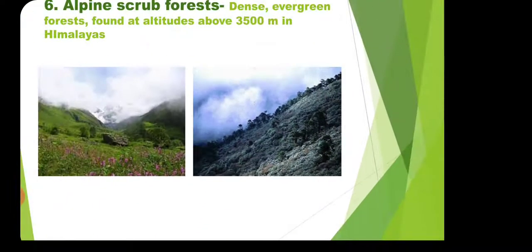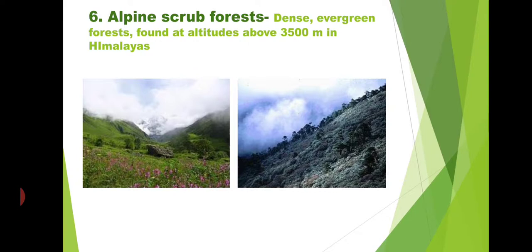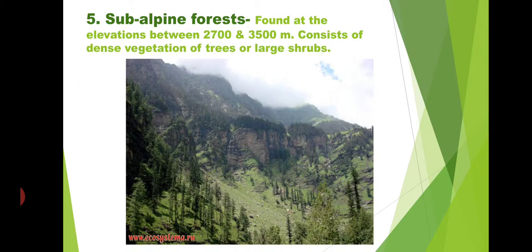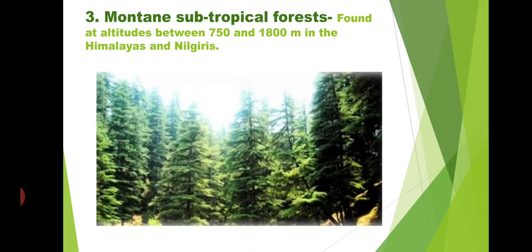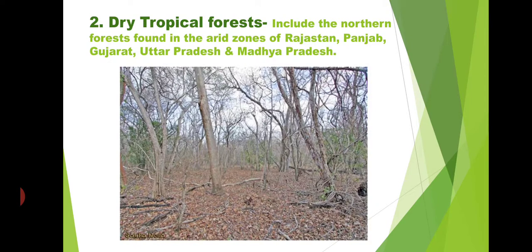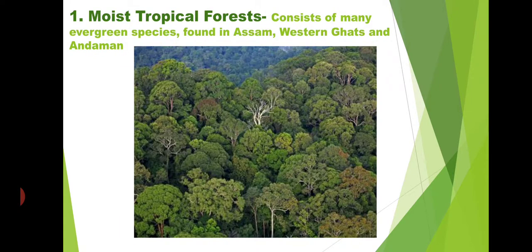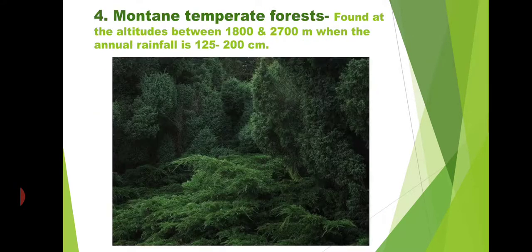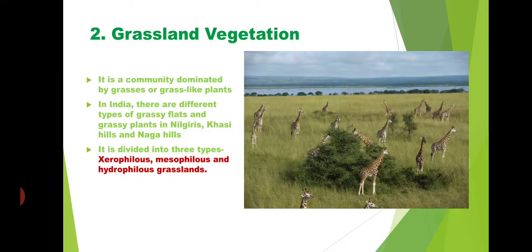And here it is a completely dry area due to extreme cold climatic conditions. So those are the six types of forests: alpine scrub forest, subalpine forest, montane temperate forest, montane subtropical, then dry, then moist. So these are the forest types of our country.